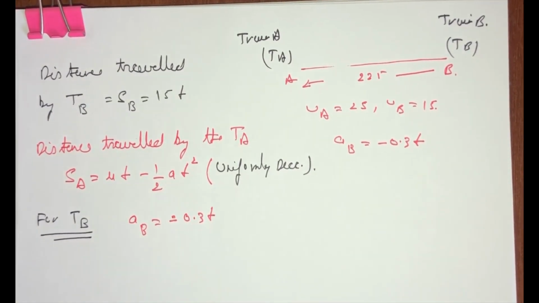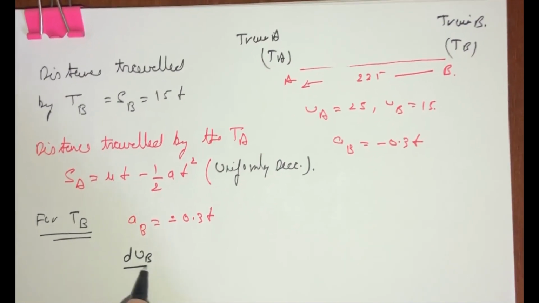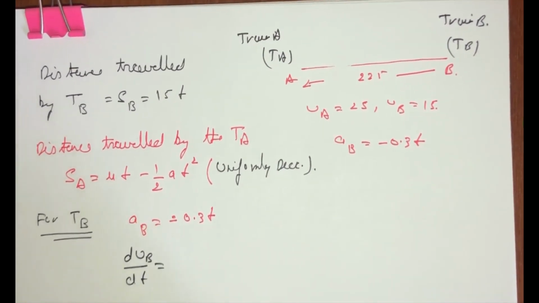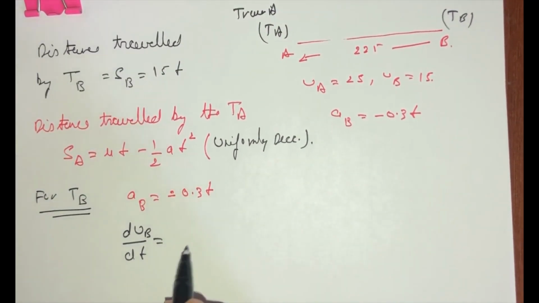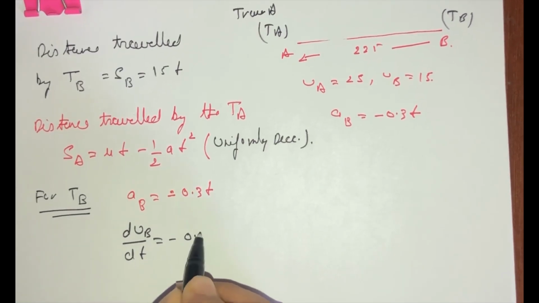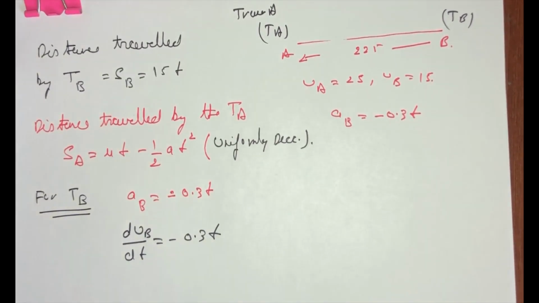In terms of velocity, dvB by dt is equal to minus 0.3 t.